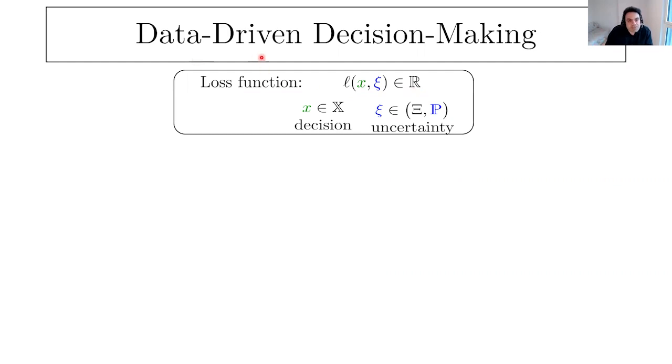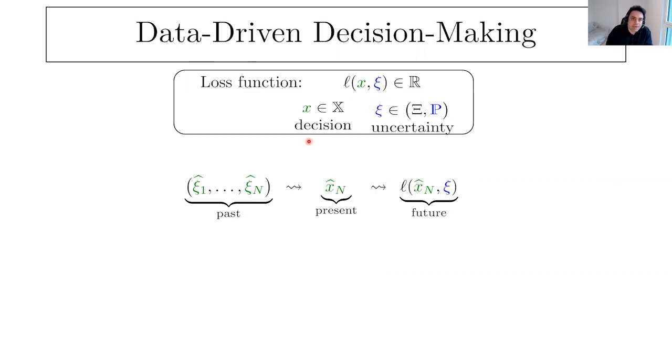Now, speaking of data-driven, what happens more often than not is that we don't have access to this random variable's distribution. What we have instead is a bunch of previous realizations. And we want to make a decision based on these realizations. That's represented by the first arrow that I have here. You can think about the data that you collected as the past, and psi 1 to psi n are realizations of this random variable.